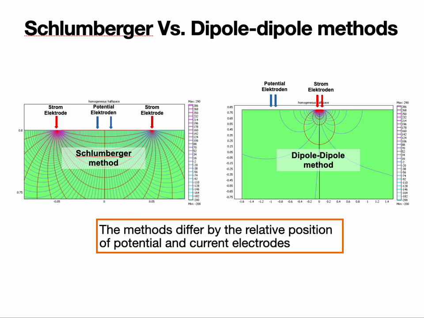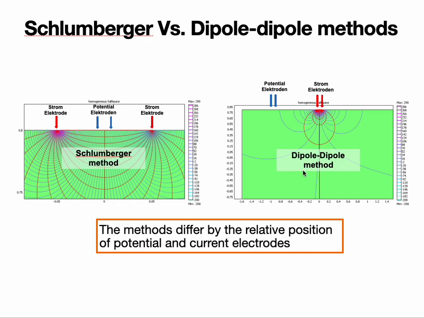These are two types of arrangement or methods. The one we discussed just before was the Schlumberger method. It's basically using 4 electrodes, but locating the 2 potential electrodes in between the 2 current electrodes.